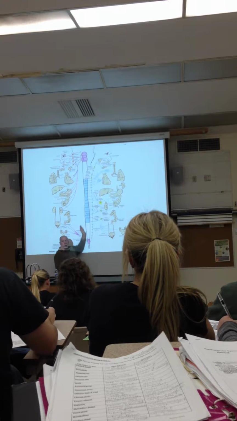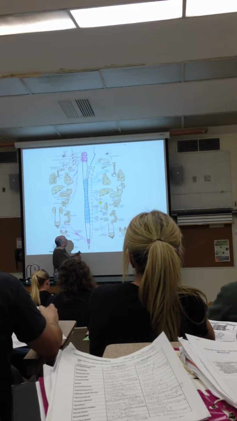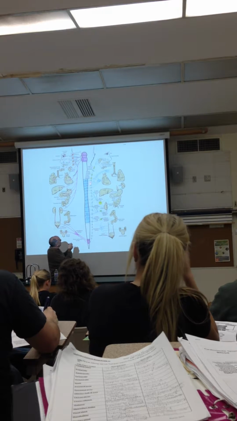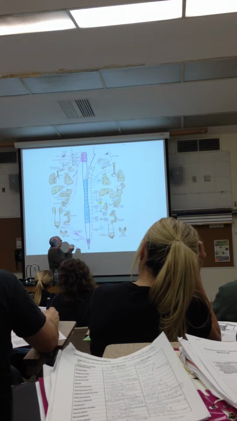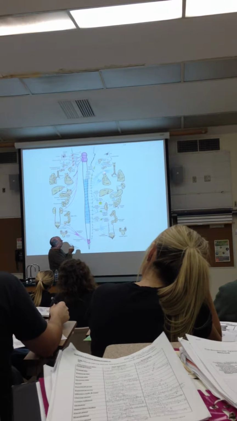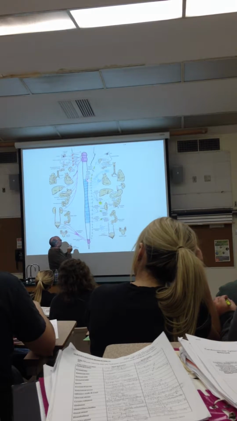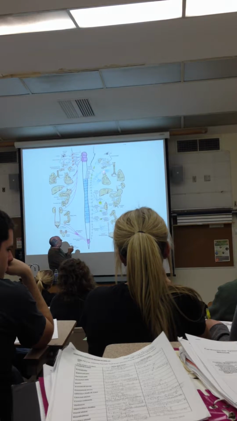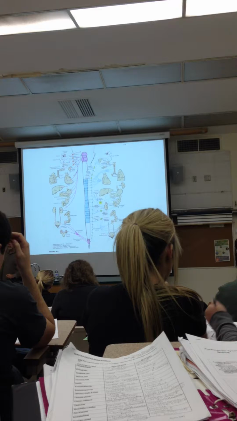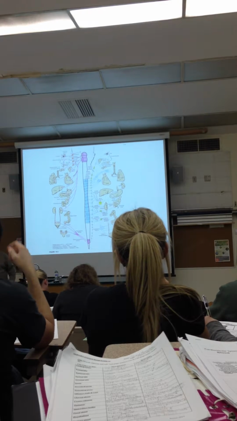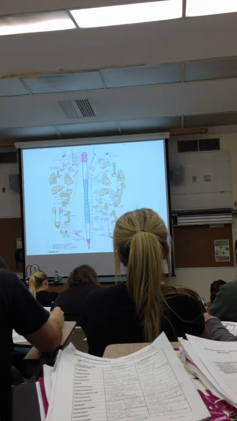They're outside, on both sides. You can see that nerve came out and synapsed, and now the second nerve, the postganglionic nerve, is going to the organ, to the effector. In sympathetic, the first nerve is short, the second nerve is long.